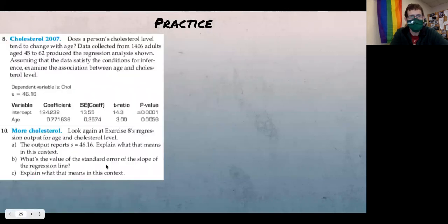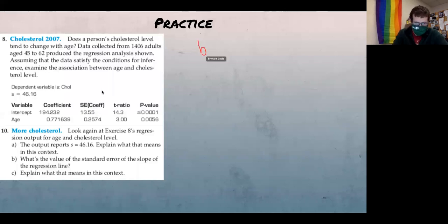Okay, so if we look at this one, notice that this has less of a printout, but it has everything that we need. So let me just try this, and let's not worry about doing the entire thing. I want to see if you guys can plug in the values.